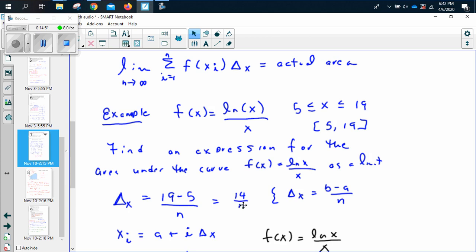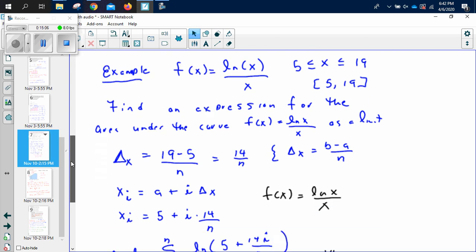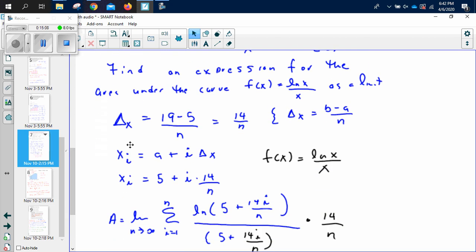In this case, n is going to stay n because we're trying to write out the actual exact area using the limit. My delta x is going to be b minus a over n as usual, and it ends up being 14 over n. My first x is a plus i times delta x. So a in this case was 5 and delta x was 14 over n.